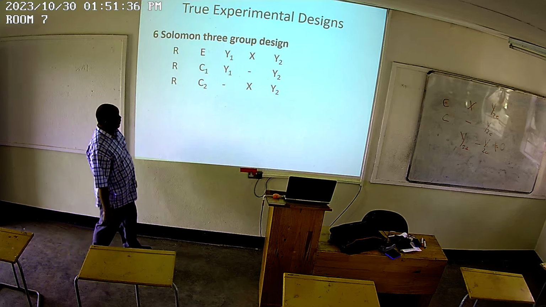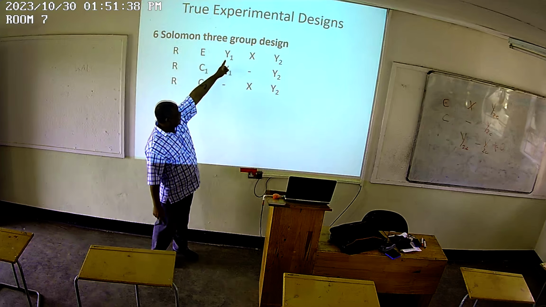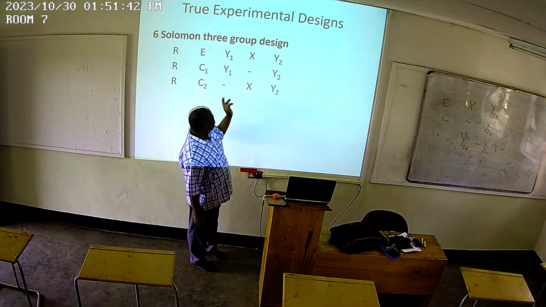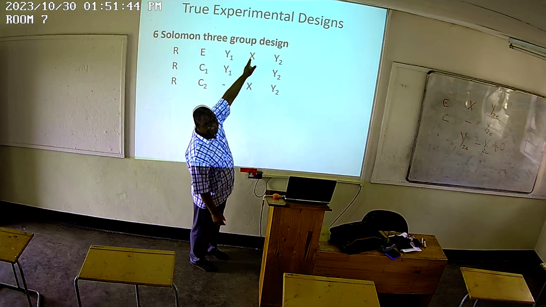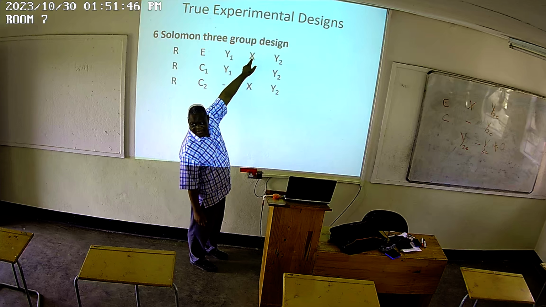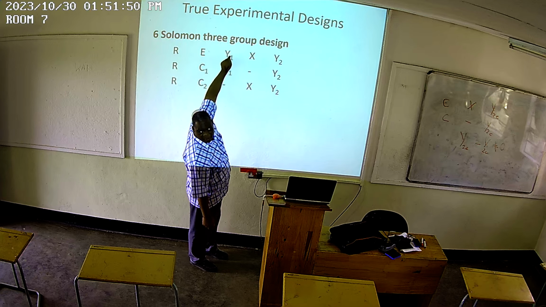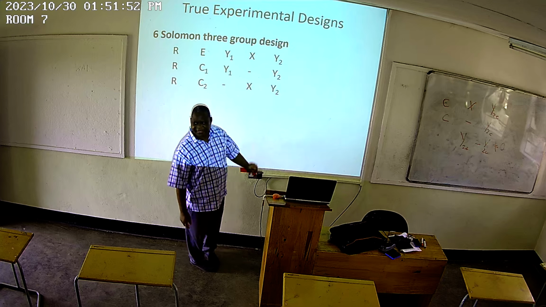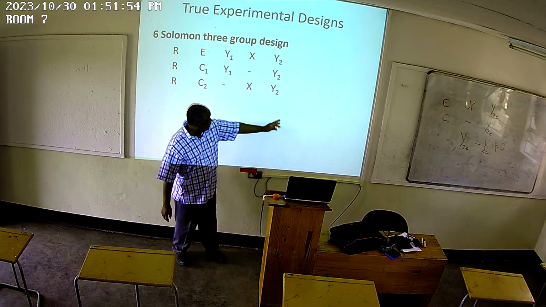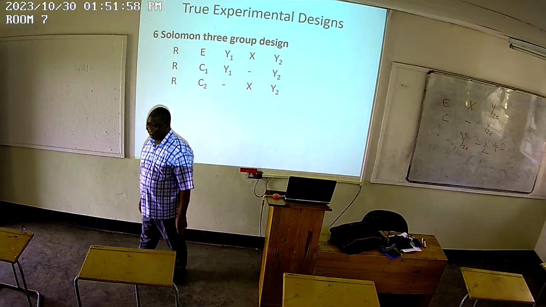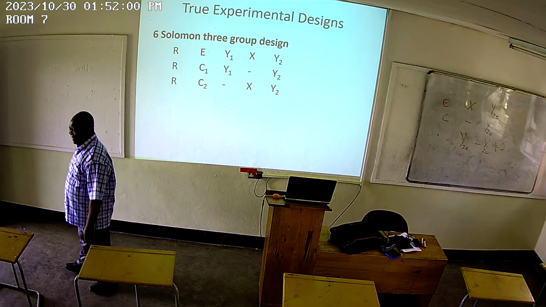Yes. This is different from that. This group has received the same treatment as that one. But the difference is Y1 here. That would be the cause for the difference. Okay?